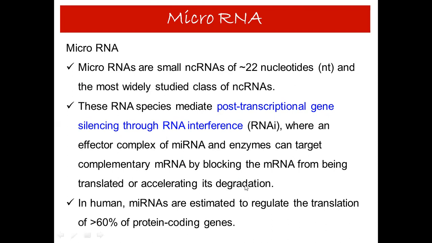That means, in very simple way, these short, small stretches of nucleotides actually interact or bind with mRNA and block its translation to the functional protein. Otherwise, it can also accelerate its degradation. In human, miRNA are estimated to regulate the translation of more than 60% of protein coding genes.